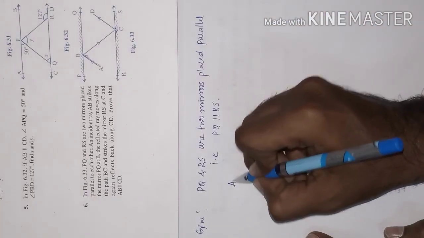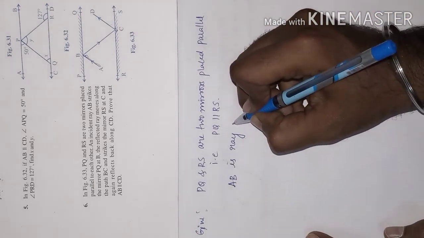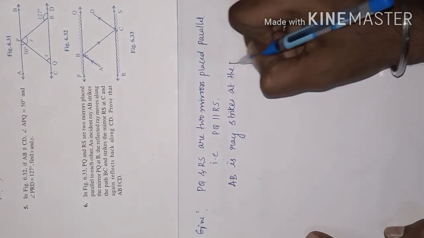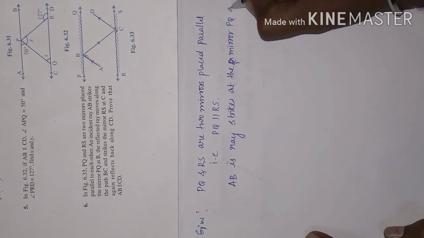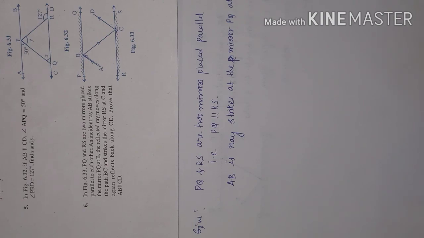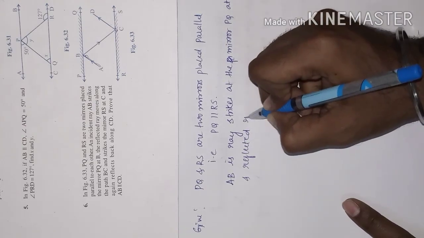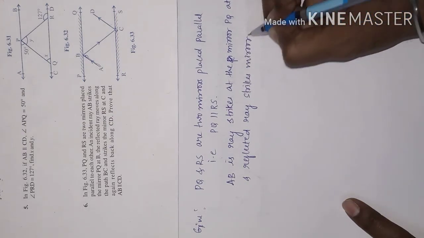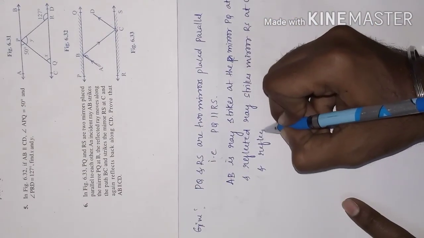AB is a ray that strikes the mirror PQ at B, and the reflected ray strikes mirror RS at C and reflects again.